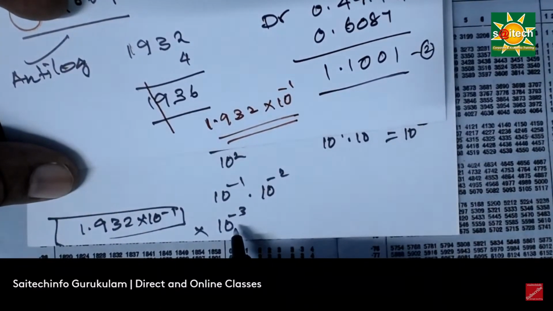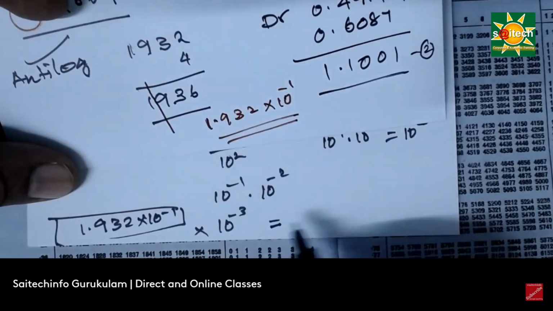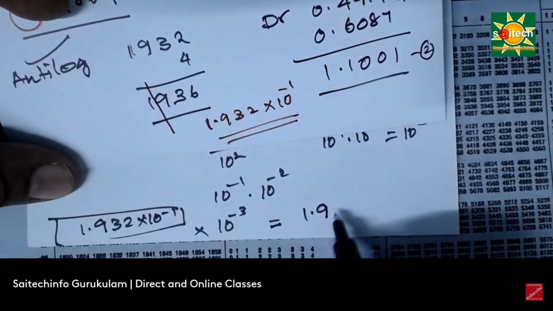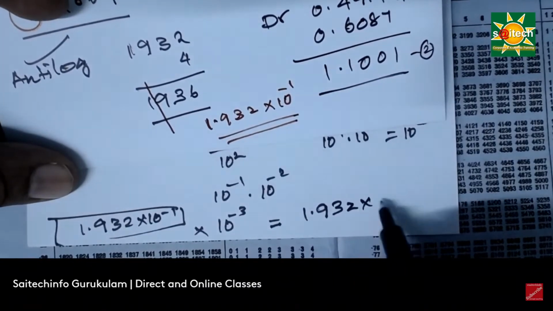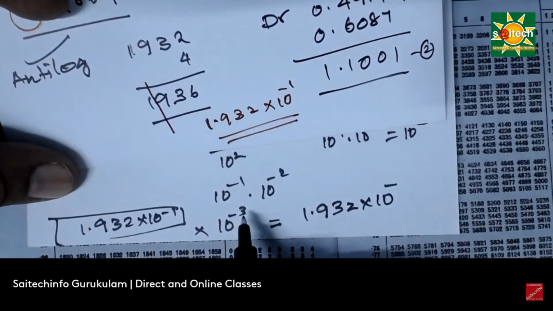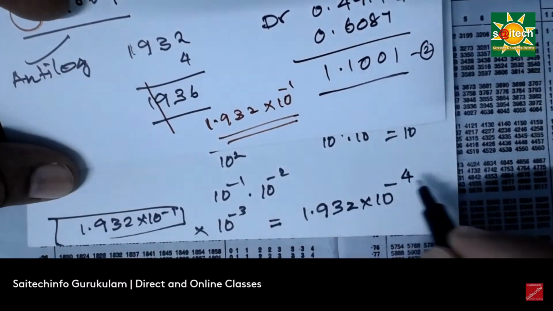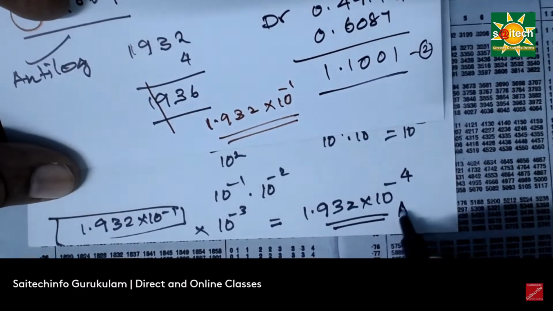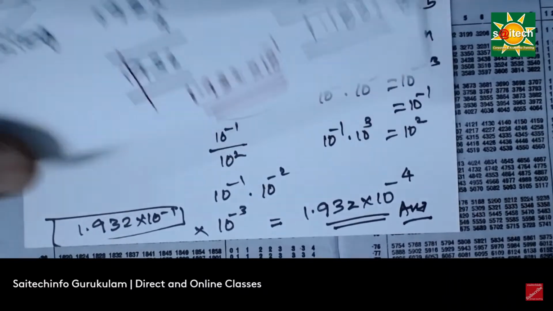So this is already 10 power minus 3. So that is equal to 1.932 into 10 power, this is minus 1, this is minus 3. By applying the rule a power m into a power n equals a power m plus n. So minus 1 plus minus 3, so minus 4. This is the final answer. Okay, got it?